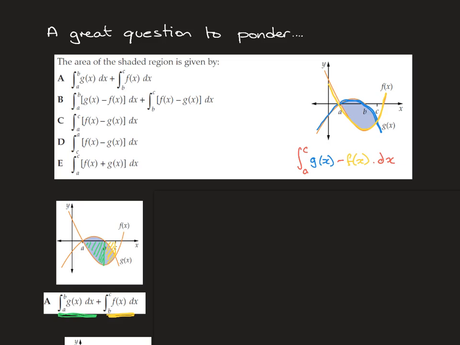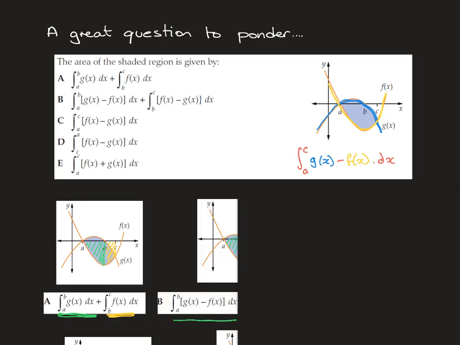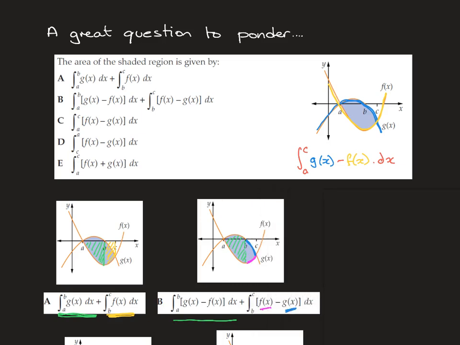Okay, well, we already know it's not A, and it's not B either. It doesn't give us the right area. This integral here is kind of okay for the first bit, but our second integral has our bottom minus top. So that's not correct.